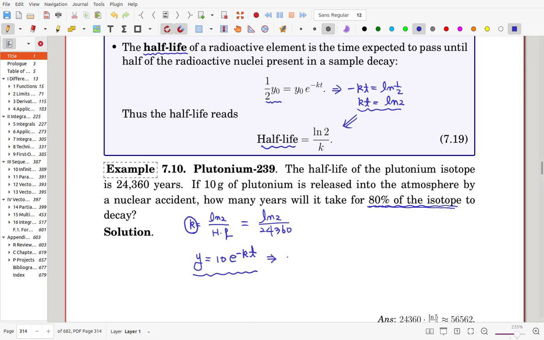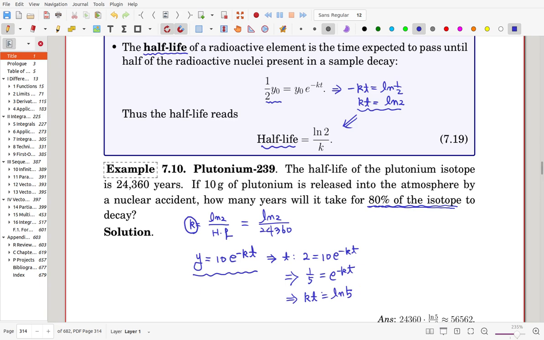So we have to find t such that, the unknown is t, it satisfies 2 equals 10 e to the minus kt. So that is 1 over 5 equals e to the minus kt. Taking the logarithm and multiplying by minus 1, we get kt equals the logarithm of 5.